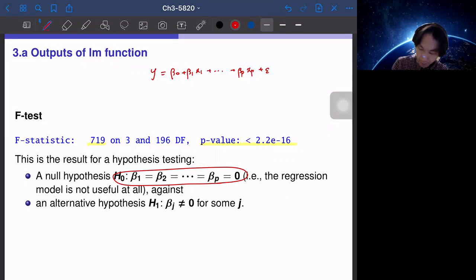So the intercept is ignored: it's included in the model, but it's not included in this hypothesis. Okay, so we test this. In total, this model is useful in this case.